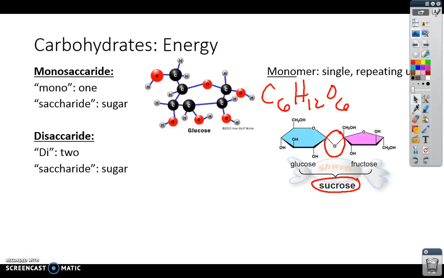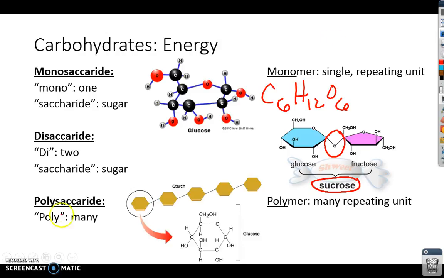All right, if we switch then to our final one, it's going to be called a polysaccharide. And poly means many. So I take this basic unit here, the monomer, and I'm going to link a bunch of them together. So that's going to create a polymer. Poly means many. So polymer is many repeating units. So I've taken this glucose one, and I've done the same kind of chemical reaction that we saw here, and now I've bonded them together here.